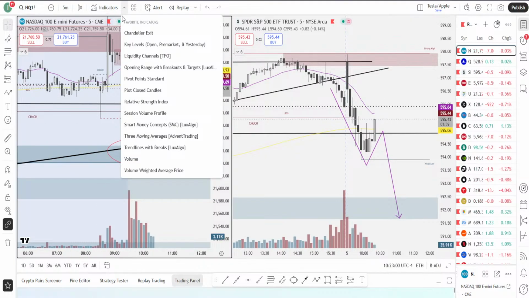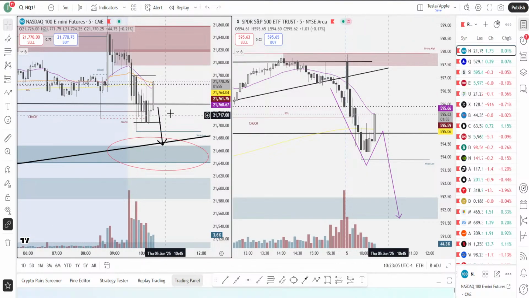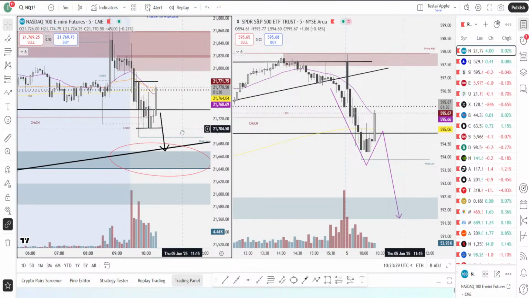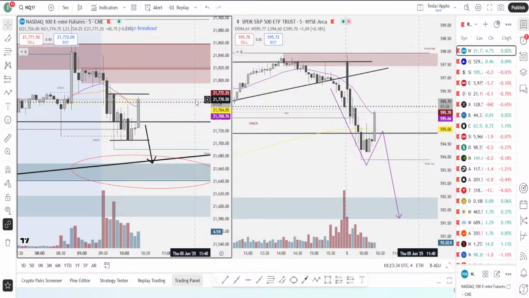There we go. See if they can hold below resistance here.